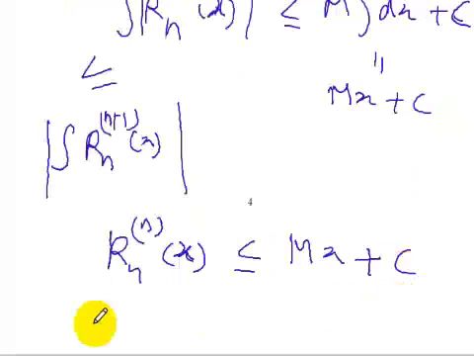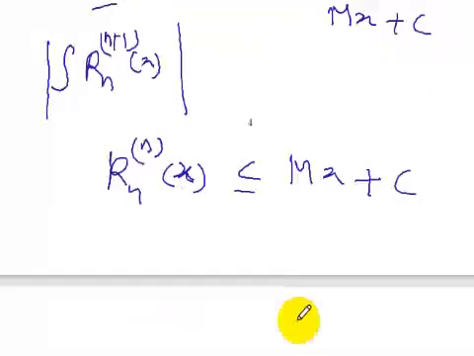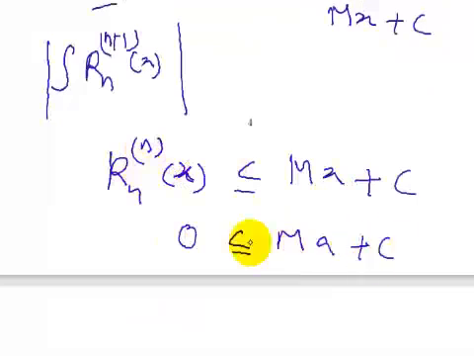So let's plug a into the inequality. When you plug a into the inequality, this becomes 0. So 0 is less than Ma plus c. This means I take this term to the other side, and that term becomes negative Ma, right?